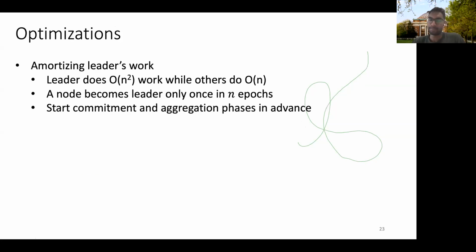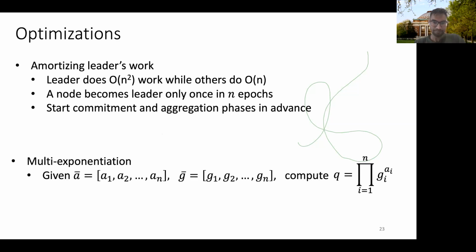We also do some basic optimizations. We already talked about it: we amortize the leader work by doing pipelining. Everybody sends the commitment vectors to the leader a priori so that the leader gets long enough time to do the aggregations. We also use existing libraries for computing multi-exponentiation.